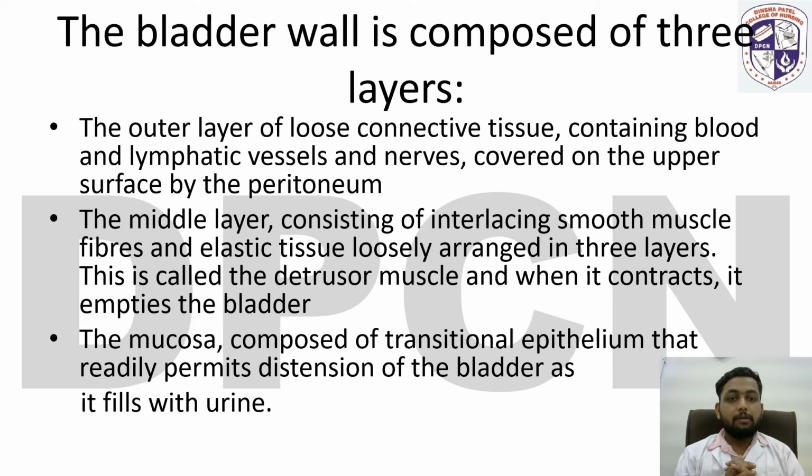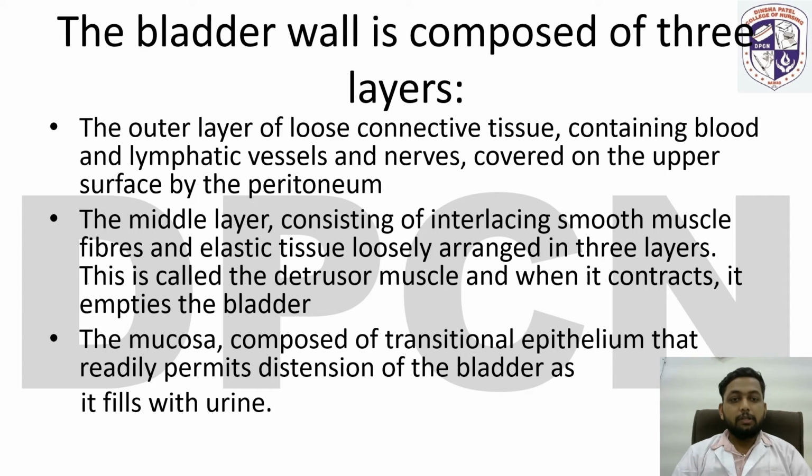The middle layer consists of interlocking smooth muscle fibers and elastic tissue loosely arranged in 3 layers. This middle layer is responsible for the contraction to void the urine. This is called the detrusor muscle, and when it contracts, it empties the bladder. As I said, this layer gets contracted and we can void the urine.